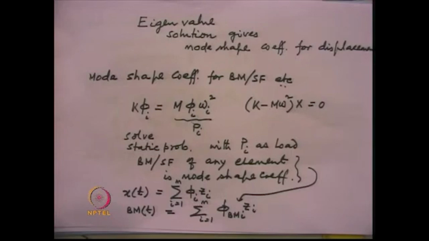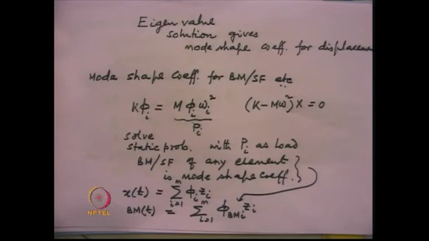If we wish to find out the mode shape coefficient for any other response quantity of interest, then we can solve a static problem in which we apply a static load in each mode equal to m into phi into omega i square, and for that we find out the bending moment, shear force or any response quantity of interest, and that quantity will be called the mode shape coefficient for that response quantity of interest.